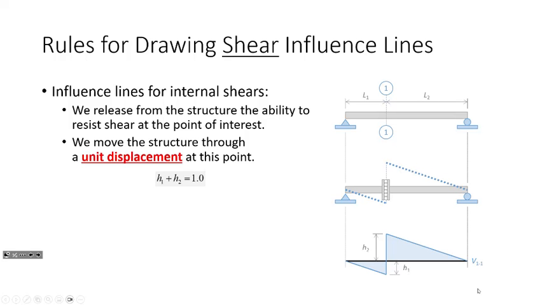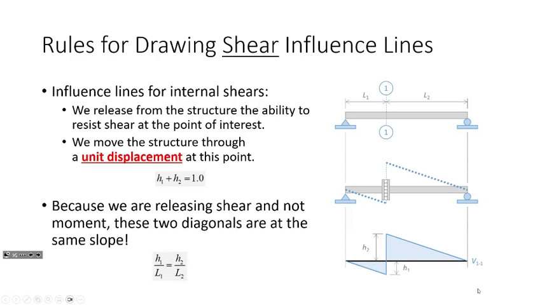If you look here on the slide, I put some notation here. I'm going to call this H1 for this side and H2 for this side. So that total height equals 1. But what makes shear influence lines a little unique, because we're releasing shear and we're not releasing moment, is that graphically these 2 lines have the same slope.